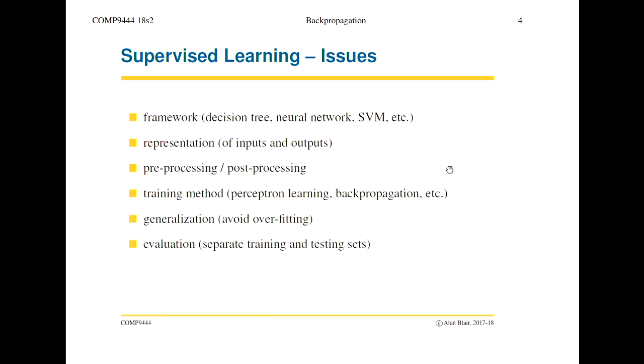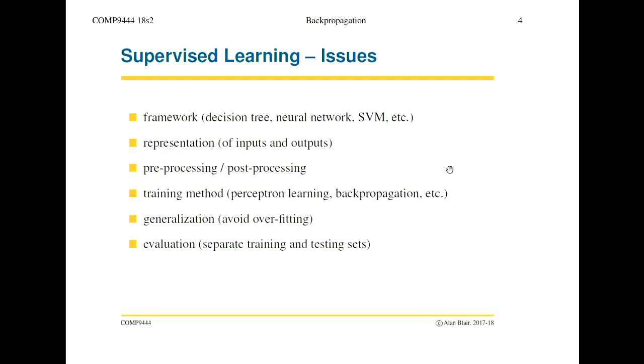So if you want to do some supervised learning, there are various decisions you have to make along the way. The first thing is to decide what framework you're going to use. And then a representation. Sometimes you have a choice of how you're going to represent the inputs and how you're going to represent the outputs. Sometimes you need to do some pre-processing of the input.